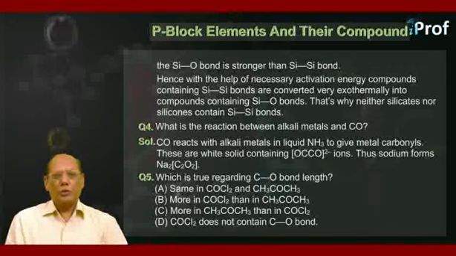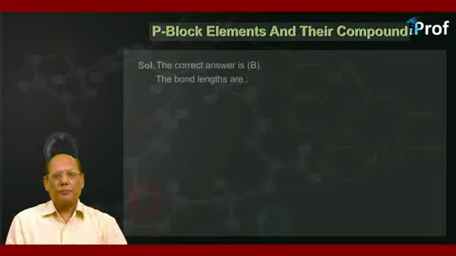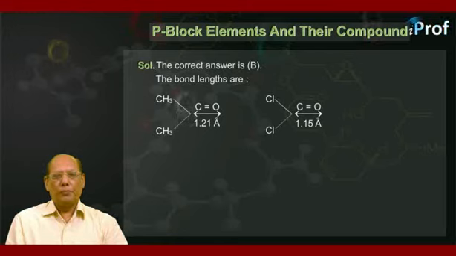D. COCl2 does not contain carbon-oxygen bond. The answer is, the correct answer is C. The bond lengths are as shown below: 1.21 angstrom in acetone and 1.15 angstrom in carbonyl chloride.